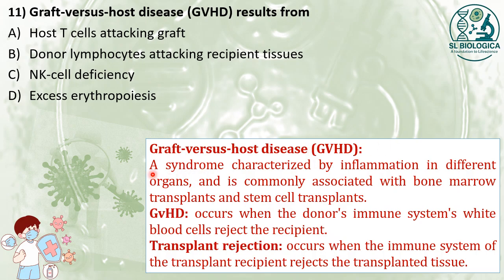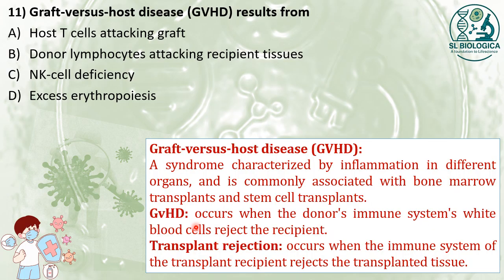This is a syndrome which is characterized by inflammation of different organs. And this is actually associated with bone marrow transplants and stem cell transplants. So this is a disease or a condition where inflammation will be occurring in different organs, and this is a result of bone marrow or stem cell transplantation.